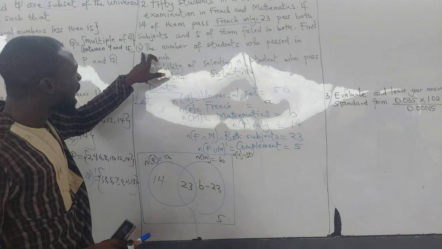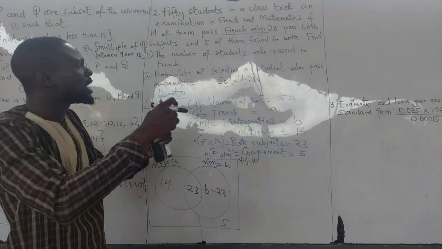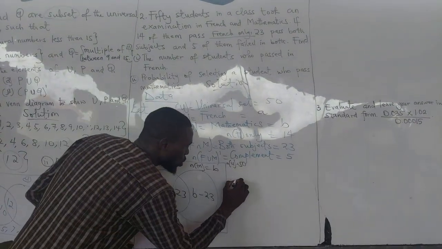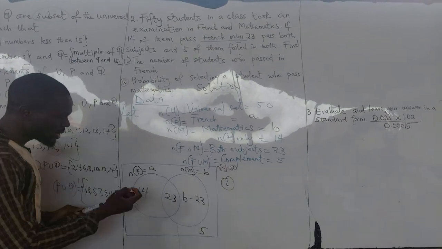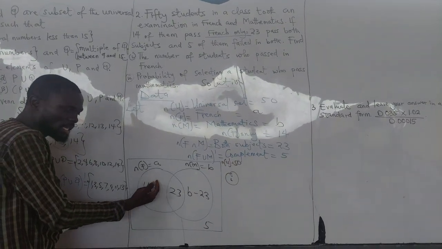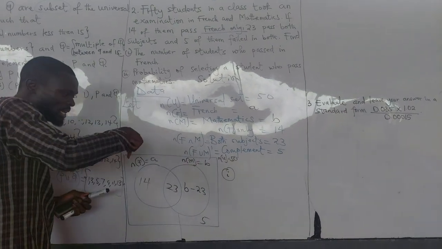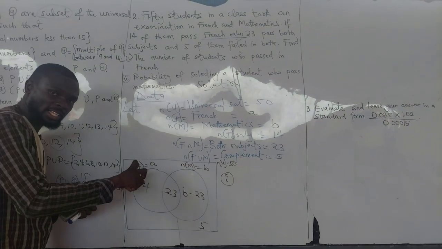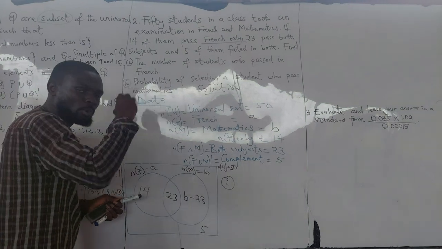Now we can do the I. What is the I saying? The I says, find the number of students who passed in French. And this is the French. So if I want those who passed in French, then adding the only to the intersection will give me this place. Because the number of students who pass French is those who pass French only and those who pass in both subjects.